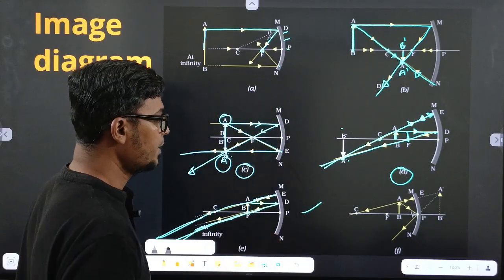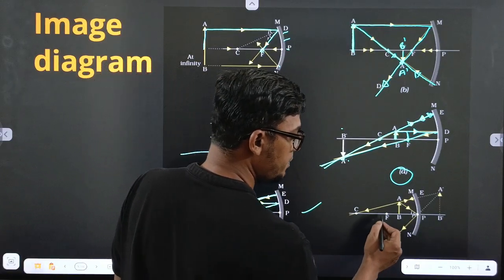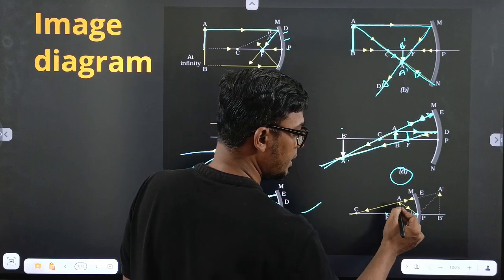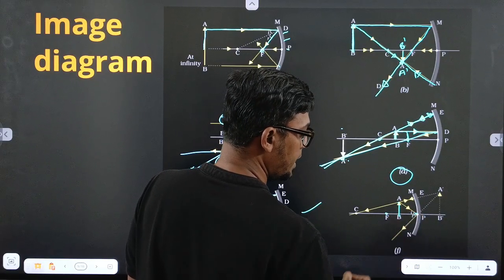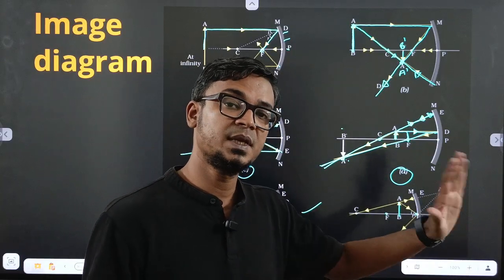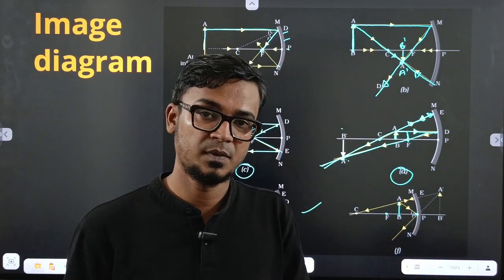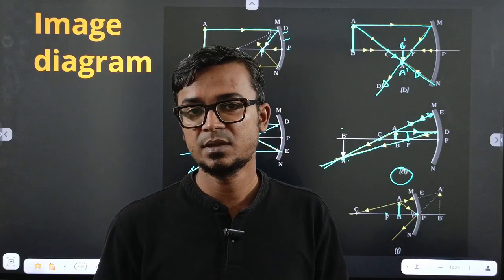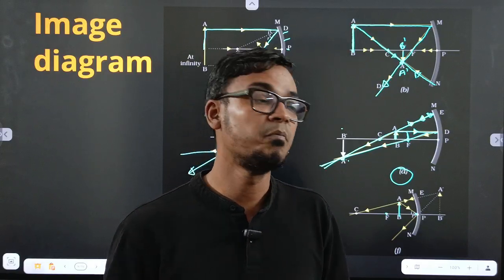And finally, if you place the object between the focal point and the pole, then the image will form behind the mirror. This is the only position for making a virtual image with a concave mirror.